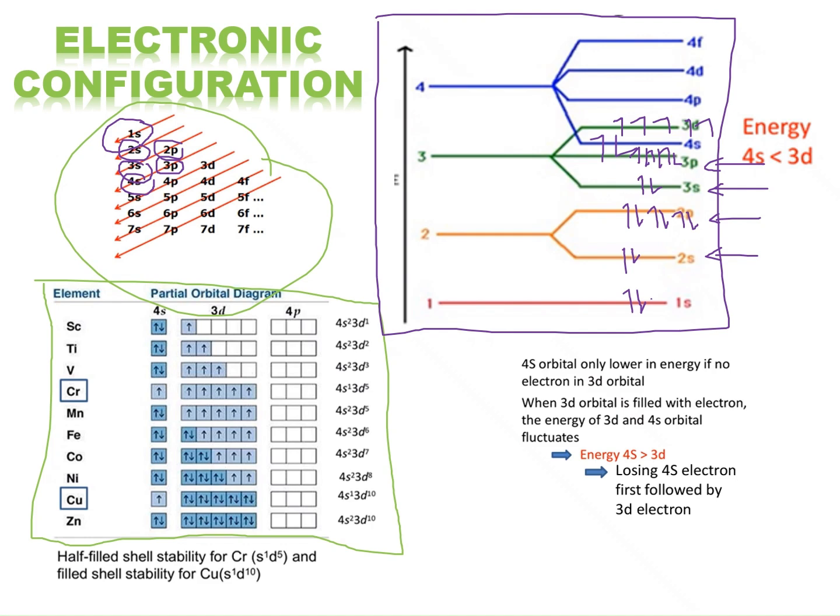But when your 3d is filled with electrons, and so is your 4s, this will reduce the energy level of 3d. So now 4s has become higher in energy. That is why the losing of electrons always starts from the 4s orbitals.